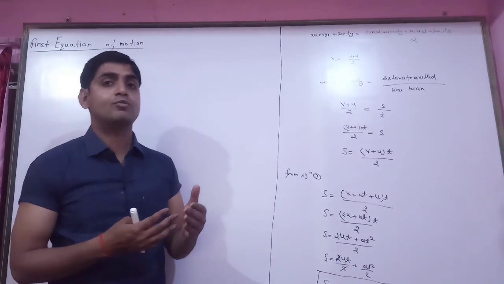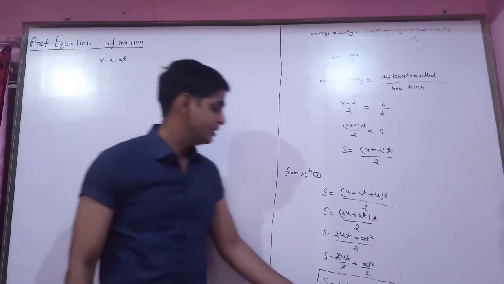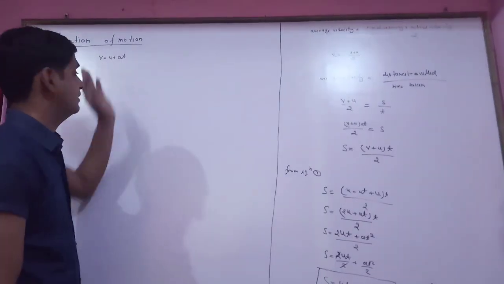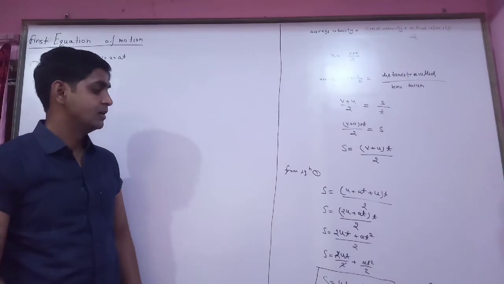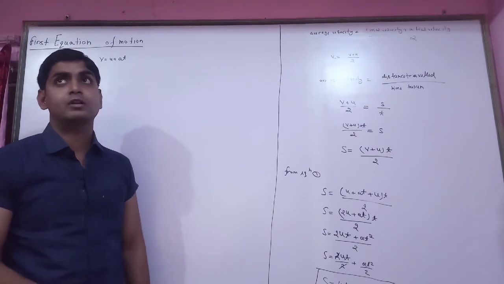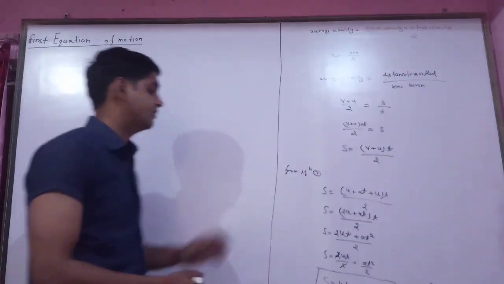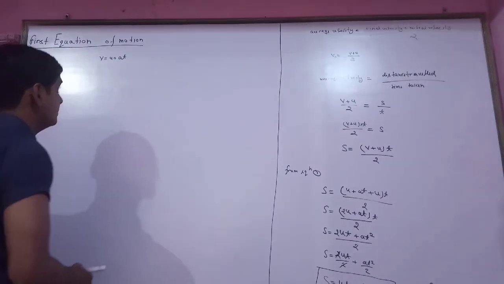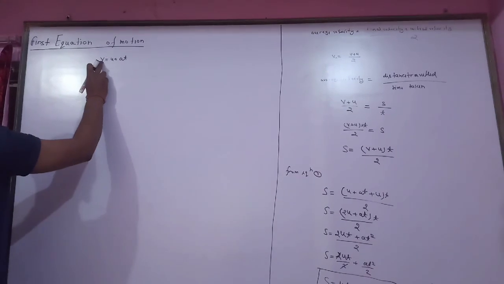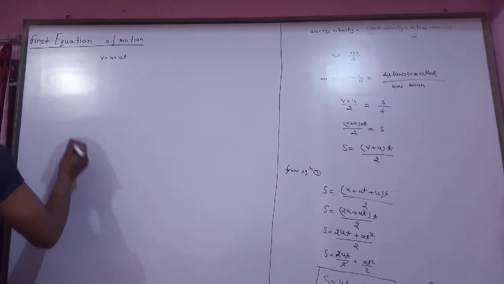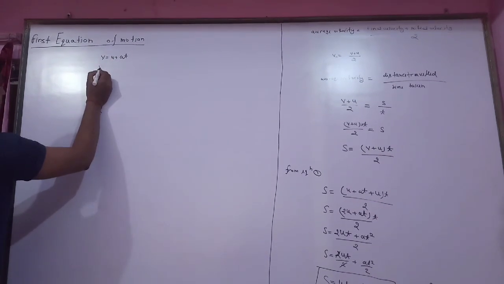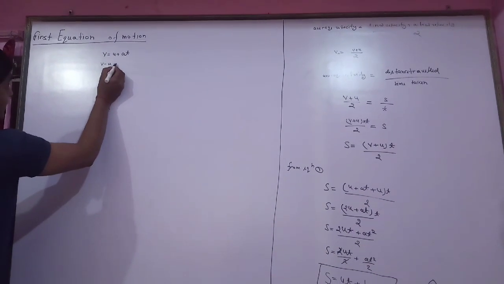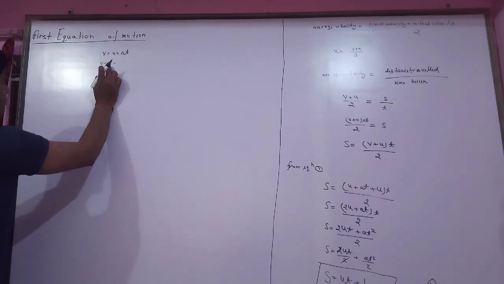For the third equation of motion, we need the second equation of motion and the first equation of motion. In other words, we derive the third equation of motion with the help of the second and the first equation of motion. This is the first equation of motion. We calculate the value of t.